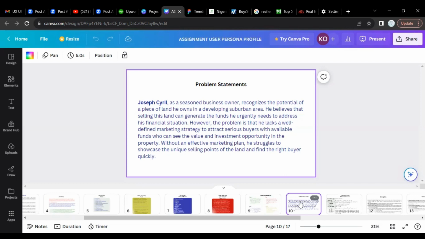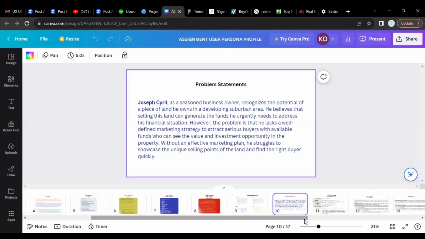However, the problem is that he lacks a well-defined marketing strategy to attract serious buyers with available funds who can see the value and investment opportunity in the property. Without an effective marketing plan, he struggles to showcase the unique selling points of the land and find the right buyer quickly. This is his problem.